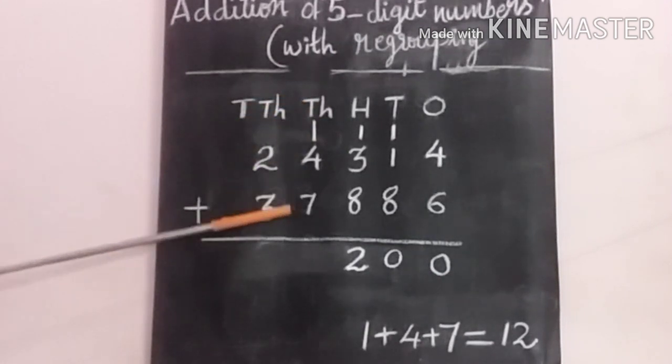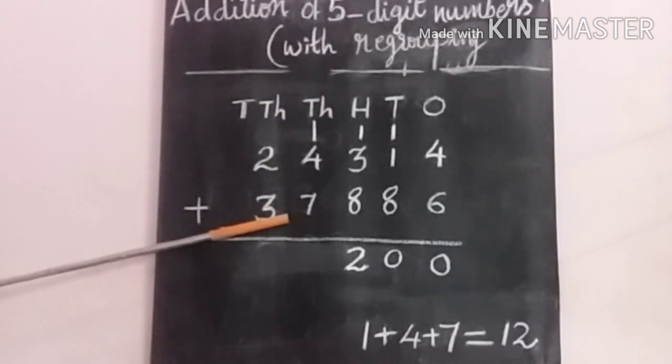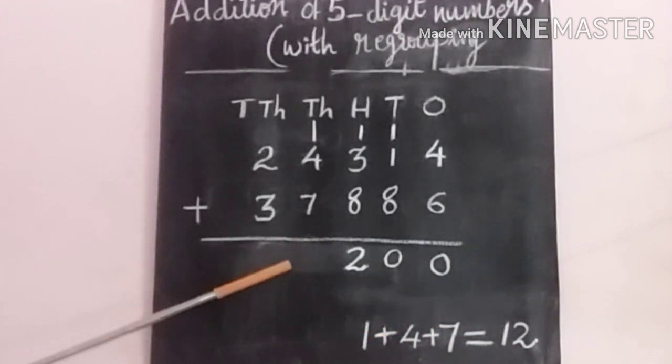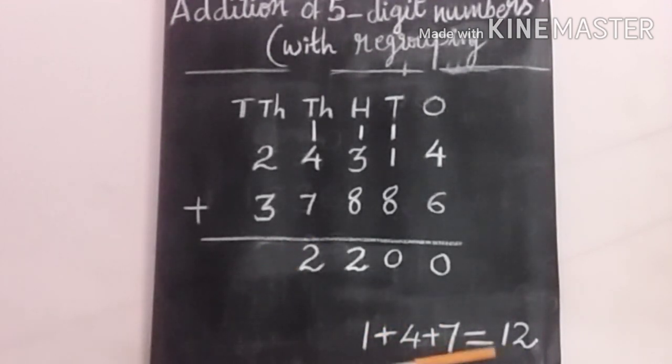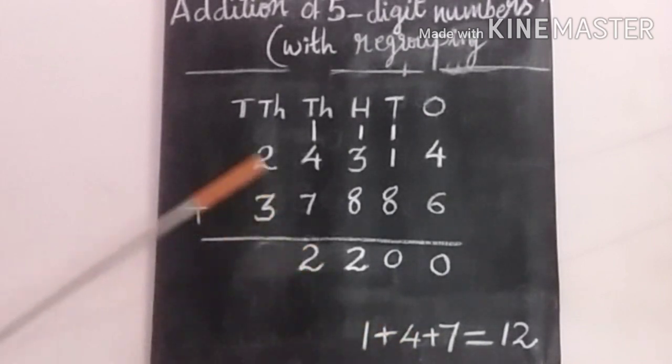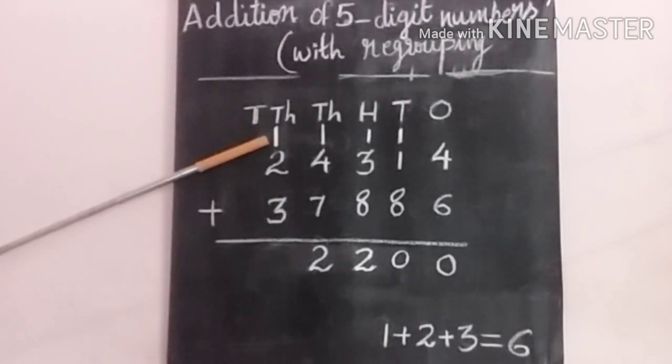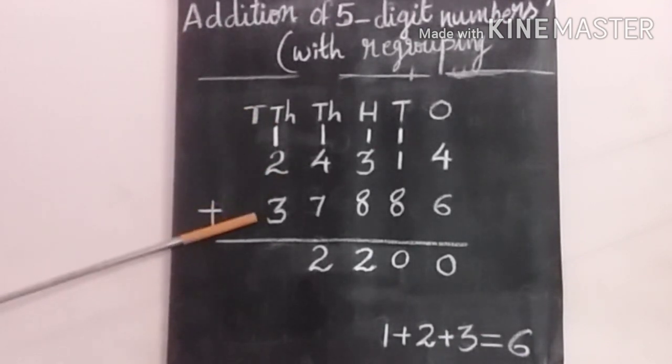Next add thousands place digits. That is 1 plus 4 plus 7. That is equal to 12. For 12, write 2 in thousands place and 1 as carry over to 10,000. Next add 10,000 digits.